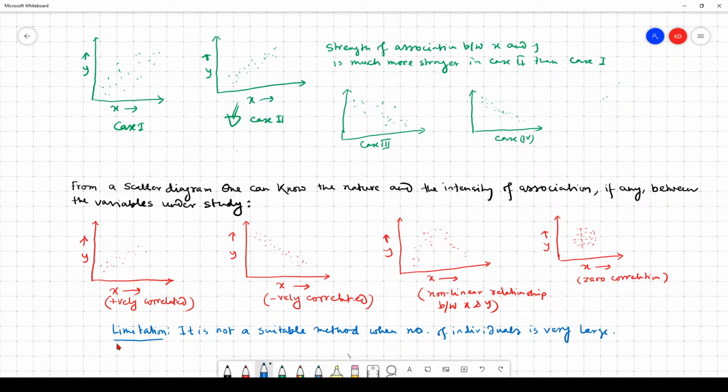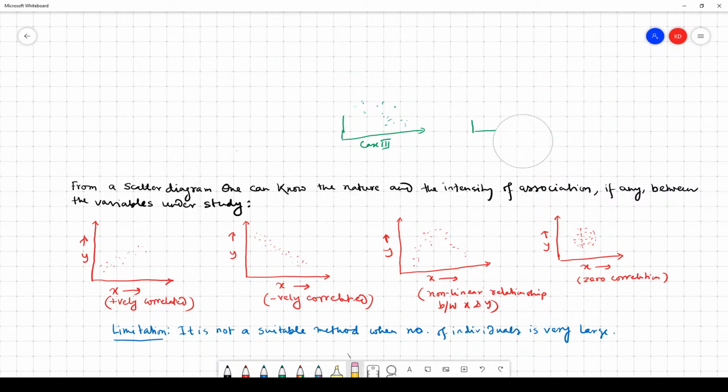So we need a measure. How to measure this association? I'm going to discuss this. This is called correlation. Okay.